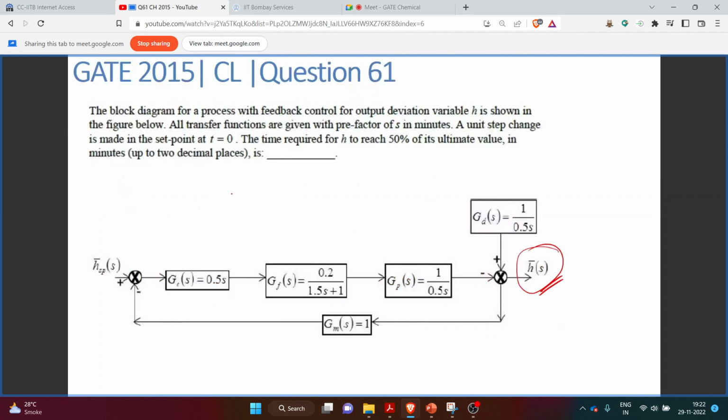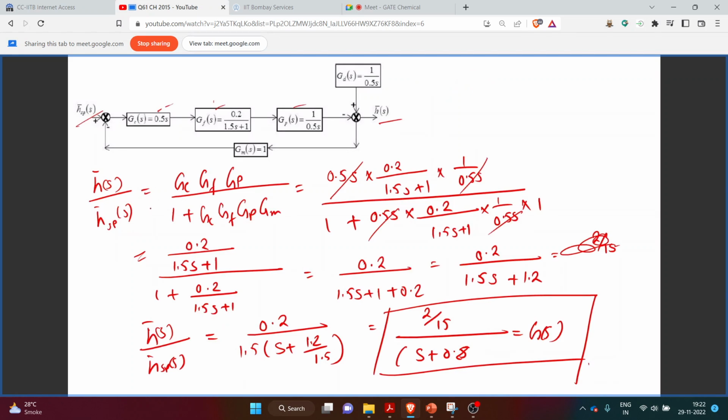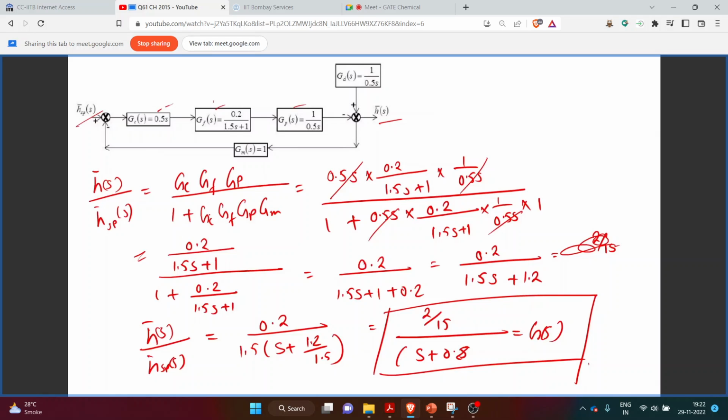In the given question we have been given that a unit step change in the set point is made. So since we are providing a unit step change in the set point, hsp will become 1 upon s. So let's replace it over here: 1 upon s, times the transfer function we found, 2 upon 15 upon s plus 0.8.